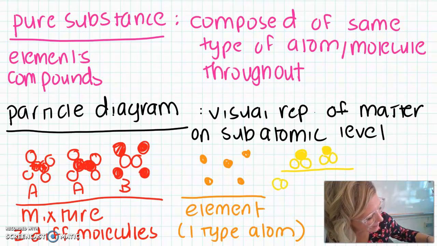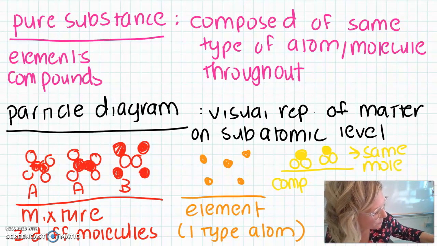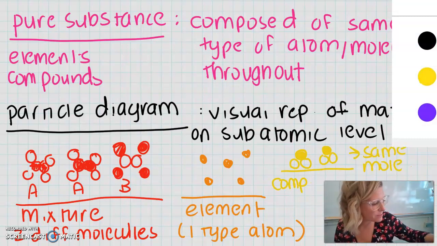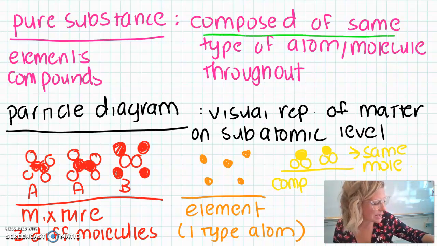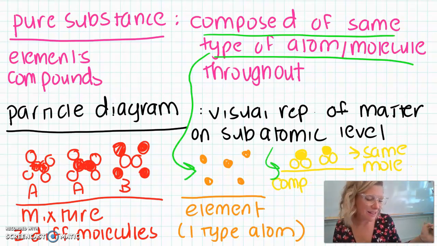So this is going to be a compound, with the same molecules throughout. This helps us visualize the definition of pure substance, because remember we said it's composed of the same type of atom or molecule throughout. So elements are pure and compounds are pure.